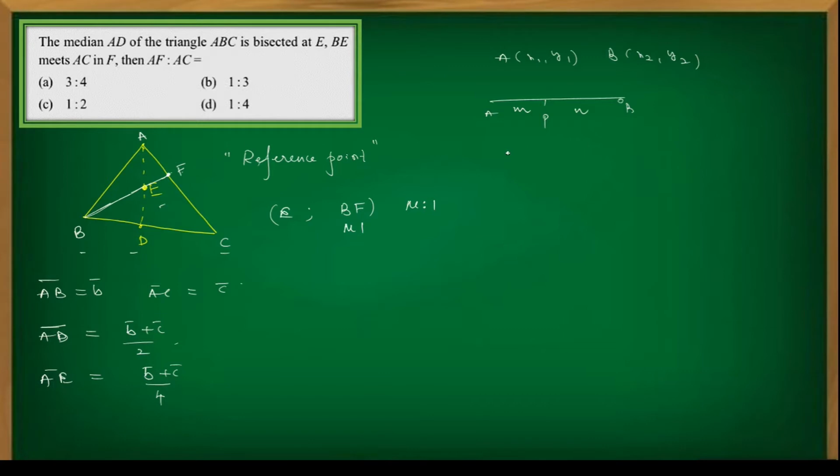P is equal to (mx2 plus nx1) by (m plus n). Can you see here? B is x2, y2, A is x1, y1. m is to n is the ratio, direction is AB. Then what you are doing here, m you are multiplying with the second number, n you are multiplying with the first number, and you are adding m plus n in the denominator.